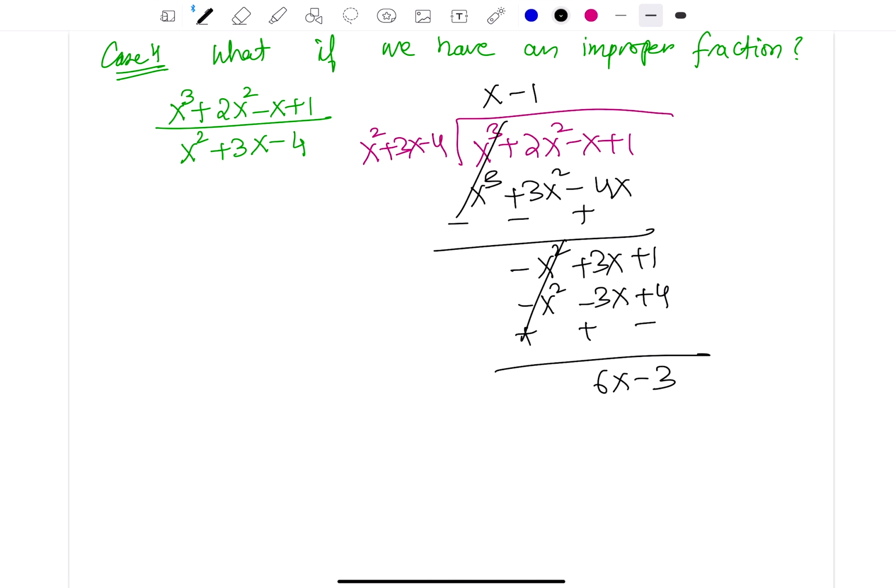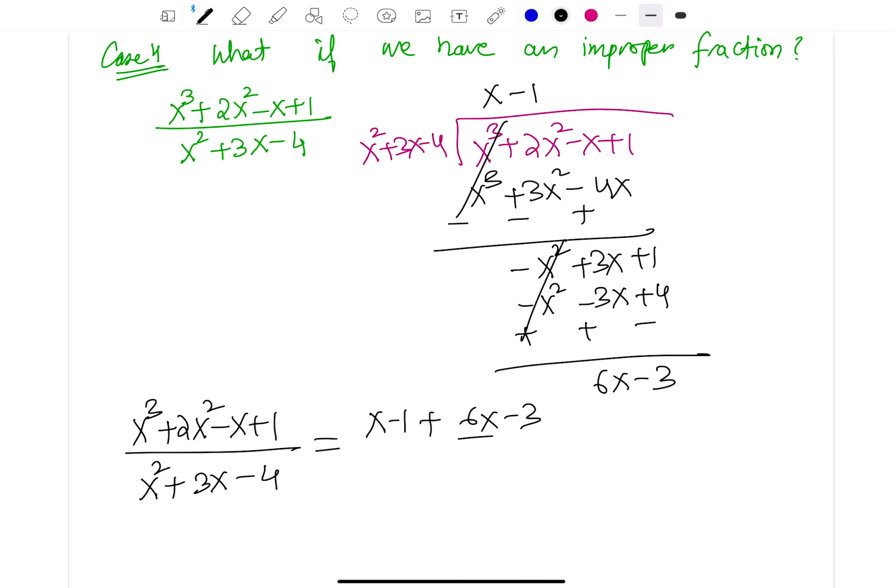So we can write this fraction, x to the third plus 2x squared minus x plus 1 over x squared plus 3x minus 4, as x minus 1 plus 6x minus 3 over x squared plus 3x minus 4.